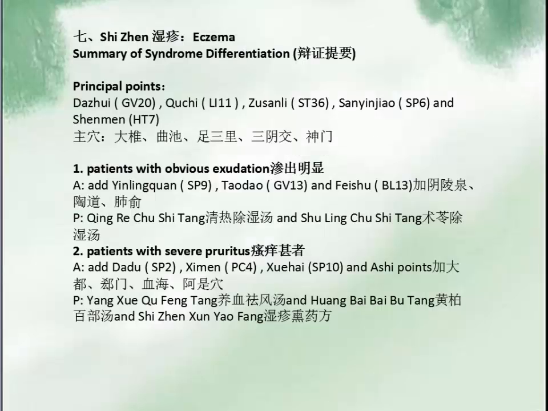Now, eczema. What is eczema specifically? Eczema is wind. There are many different types of wind in TCM. There is exterior wind, which is colds and flus. There is interior wind, which is related to paralysis and stroke.